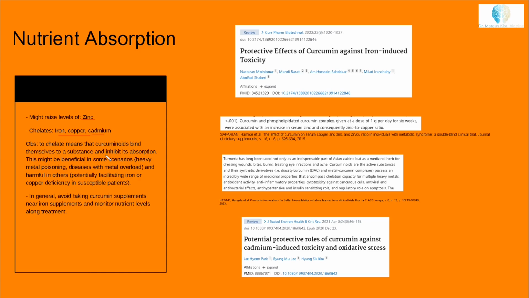So curcumin binds to the metals, and this new substance is not as absorbed as they were separately. This effect might be beneficial in some scenarios. For example, people may be susceptible to heavy metal poisoning. Cadmium might be toxic, for example.